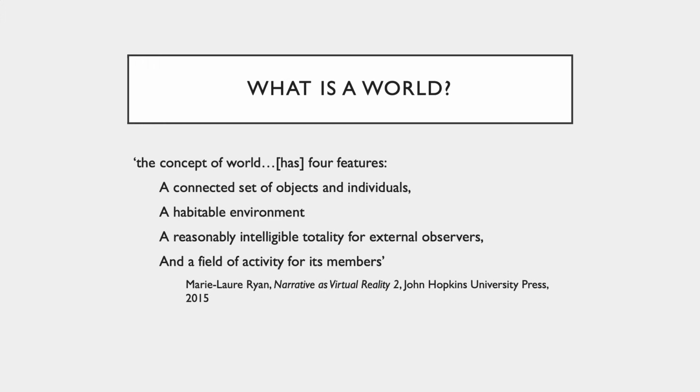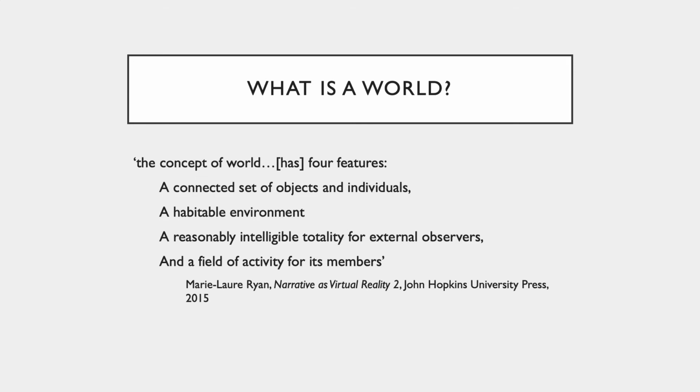And then the last one, you need to have a field of activity for its members. So this is, and I'm really sorry if you can hear this cat meowing in the background, anyway, field of activity for its members. This essentially is a space for your characters to actually do things, scenes and so on, but also somewhere the audience can go and read and visit.